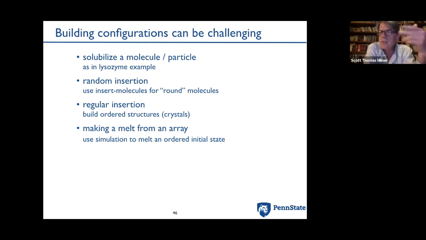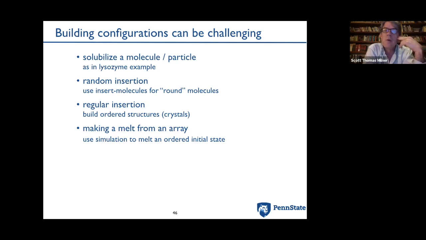You can also use this insert molecules tool, which will allow you to insert molecules at specified places, or to insert them just randomly in the box and keep trying until it succeeds to do a certain number of insertions, or it runs out of tries. You tell it how many times to try. So it just inserts them randomly, and then according to some heuristic about overlapping, accepts or rejects the insertion.